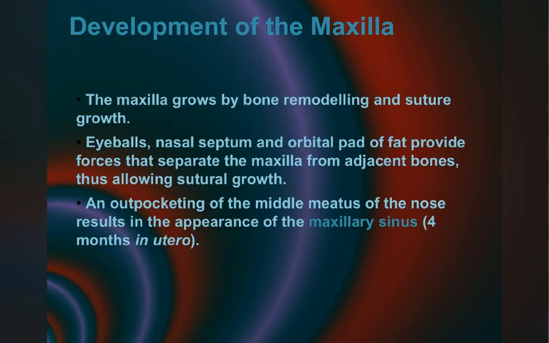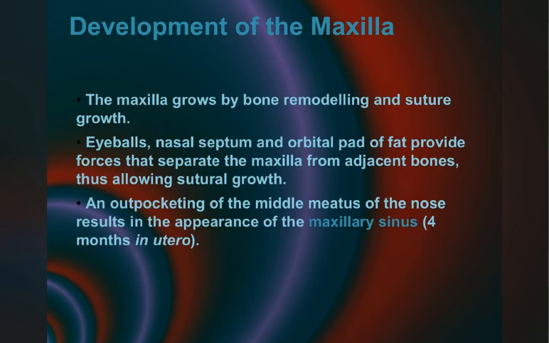The natural forces during embryonic development in the area of the maxilla are the growth of the eyeballs, the growth of the nasal septum, and the growth of the orbital pad of fat.